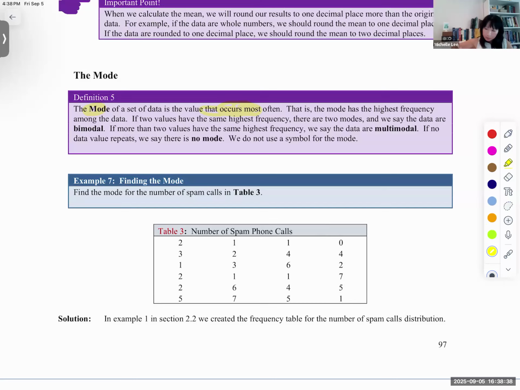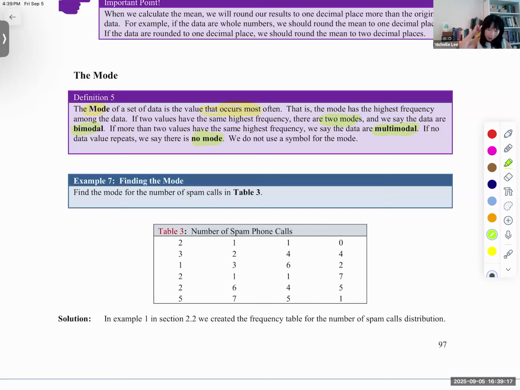We have bimodal, which means two modes, right? And multimodal means more than two modes. And if there is nothing repeated, then there is no mode.